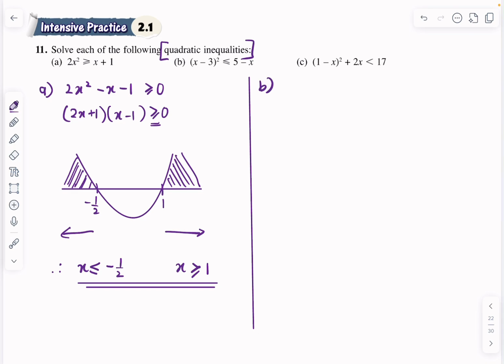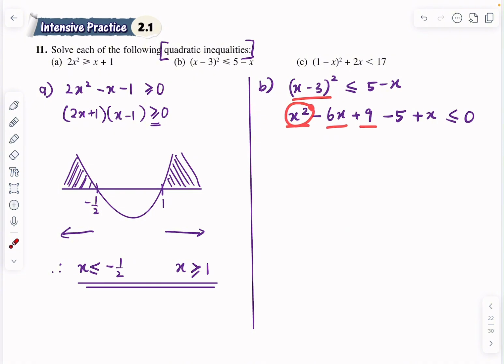So same thing, here we have to expand. x minus 3 squared less than or equals to 5 minus x. So first we expand. So this will be x squared minus 6x plus 9 minus 5 plus x less than or equal to 0. Here I just use the shortcut to expand. If you have a square, you will get 3 terms.